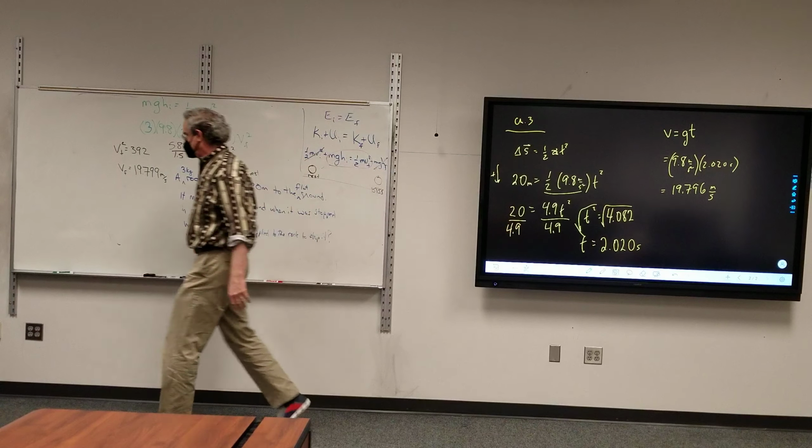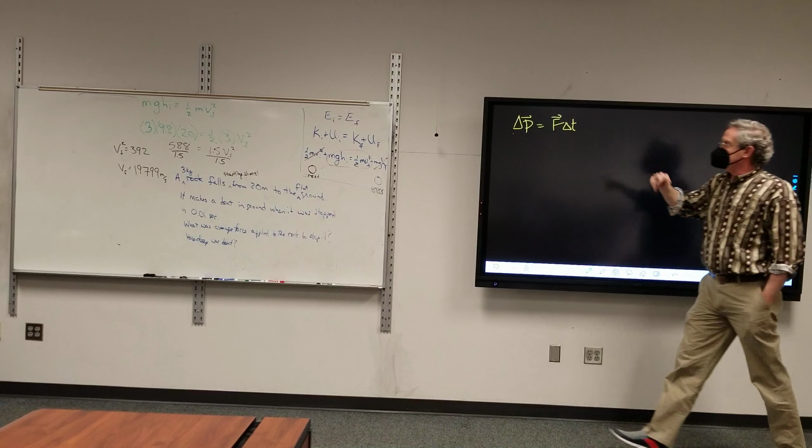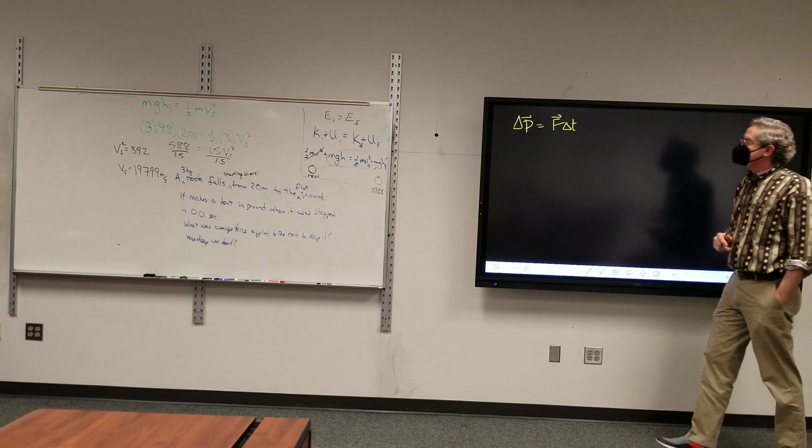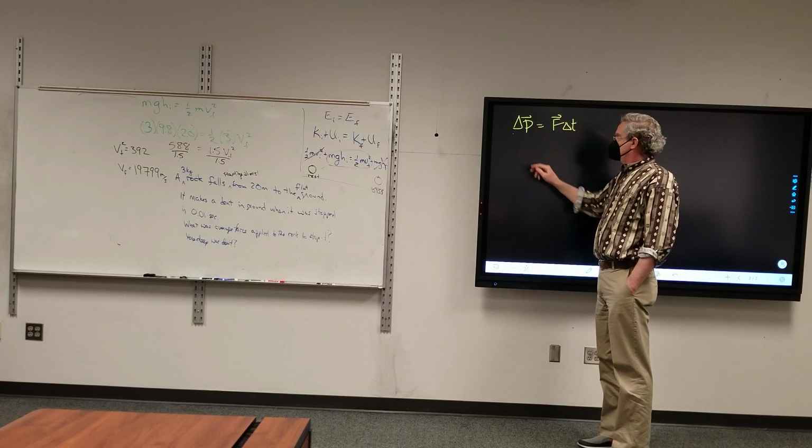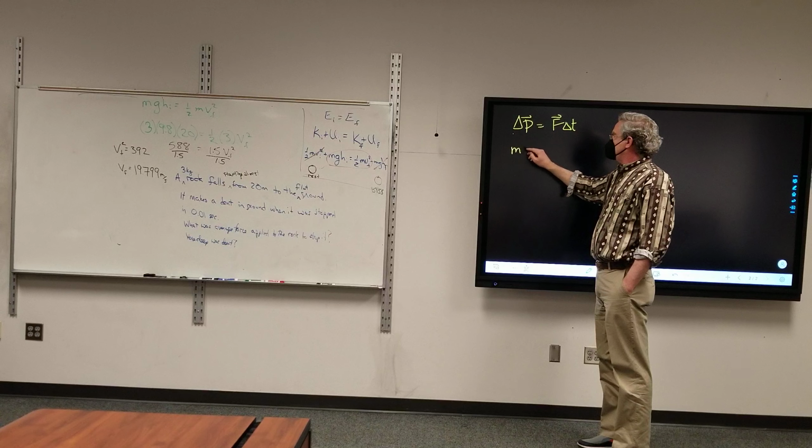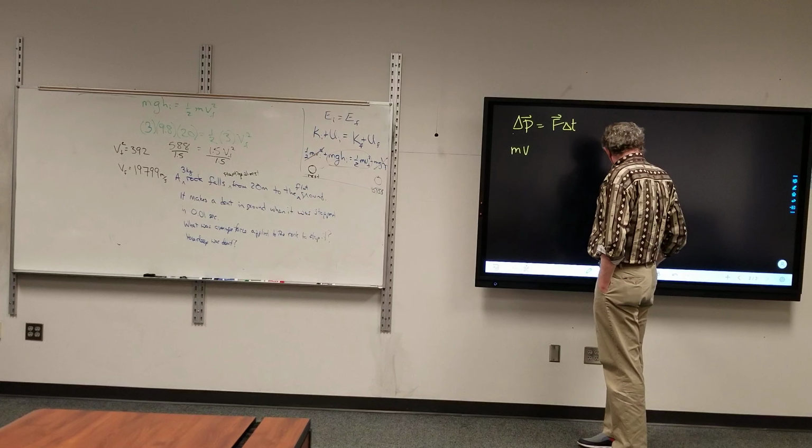All right, well, I know that the change in momentum, so I'm trying to find average force. So change in momentum is equal to impulse. Let's put in the intermediate step.